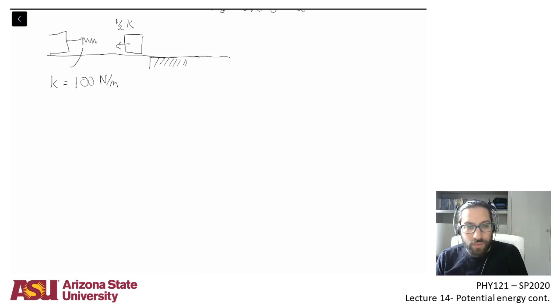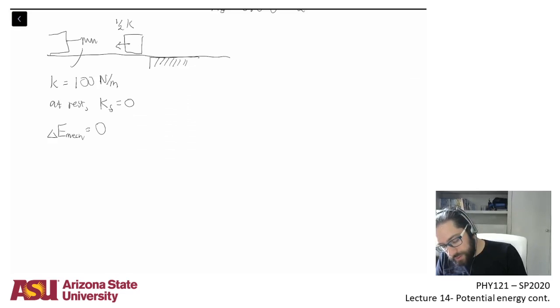Okay? So the way to think about this is when the box comes to rest, the final kinetic energy is 0. Therefore, all of our kinetic energy will be converted into potential energy. And once I pass this rough patch, the change in mechanical energy is 0.